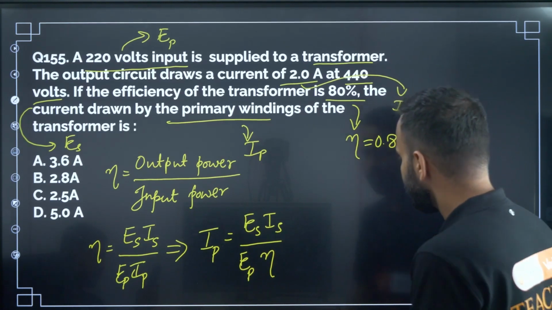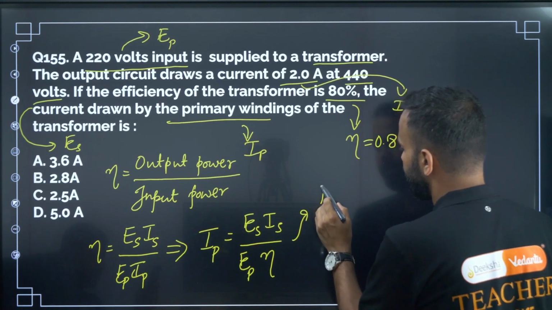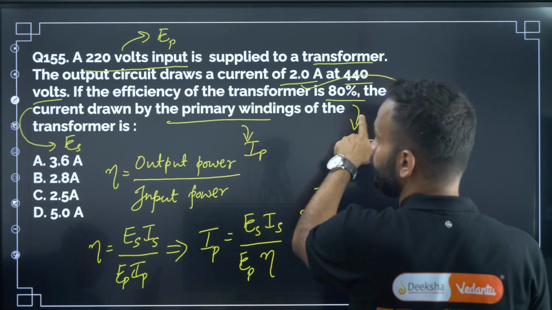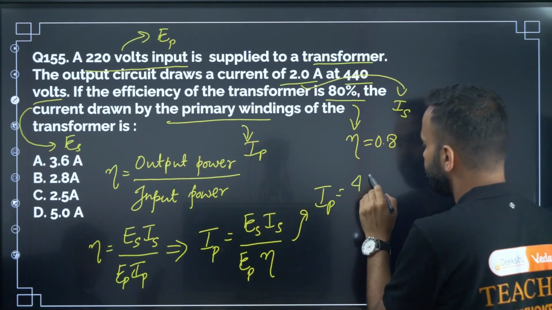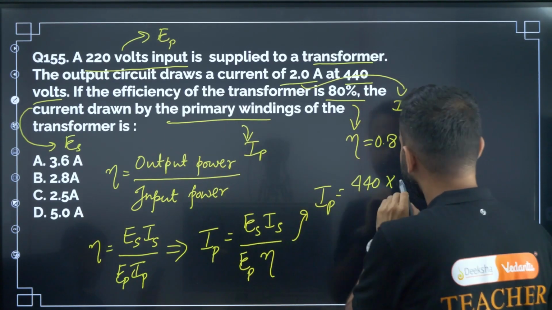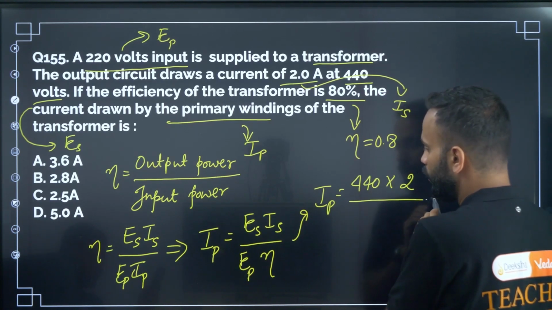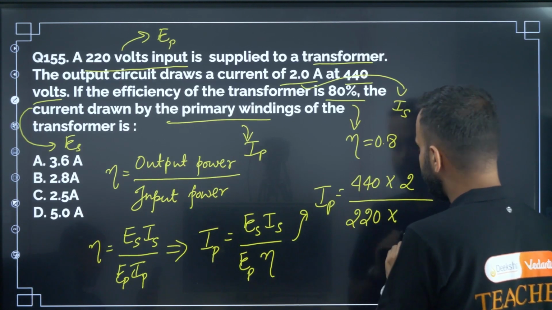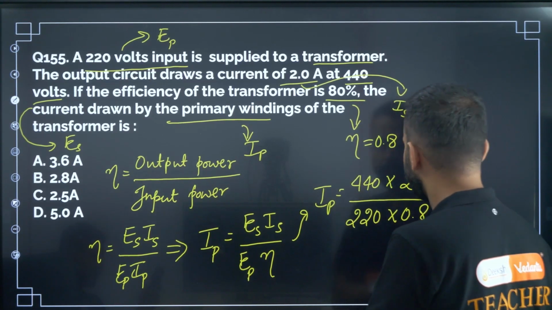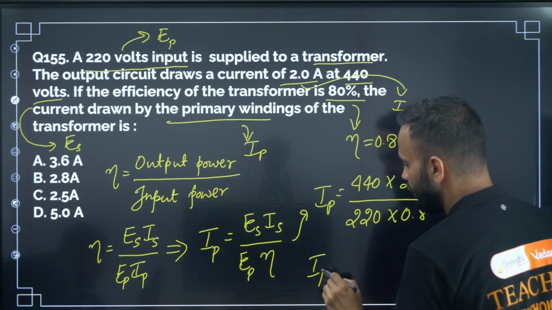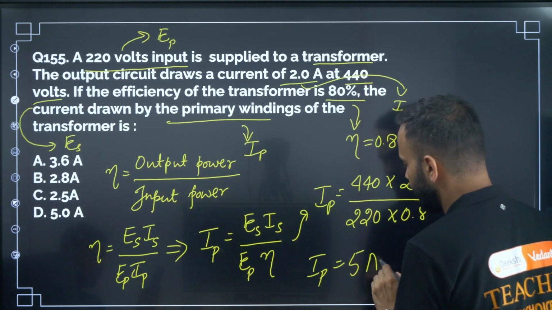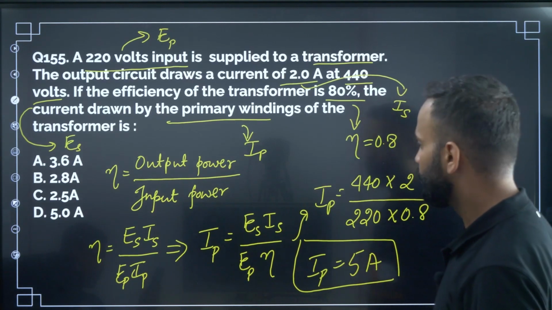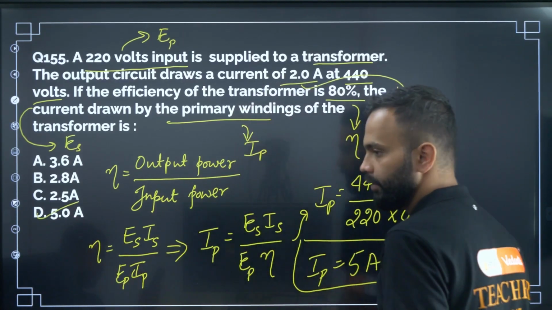Substitute, that's it. So now IP is equal to ES is equal to 440 volts, right? 440 into IS, that is 2, whole divided by EP, that is 220 into eta is 0.8. So now solve this, you will get 5 ampere. Current drawn by the primary windings is 5 ampere. So option D is the correct answer.